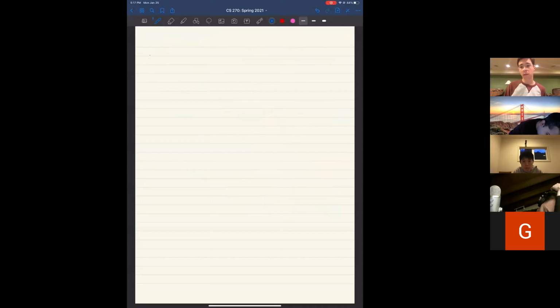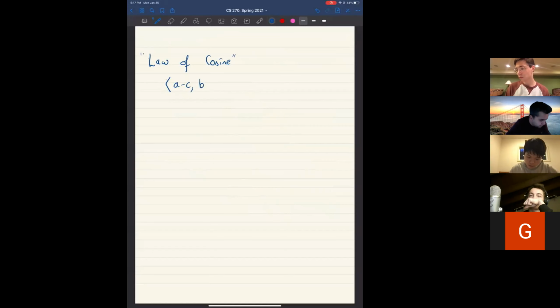It's just a silly identity, but it has a name because law of cosine. I think it's the law of cosine. Okay, so what is it? Well, it's just this simple fact. Let me get this right.